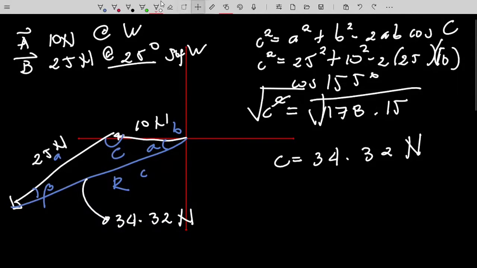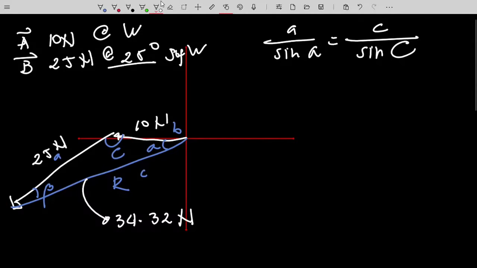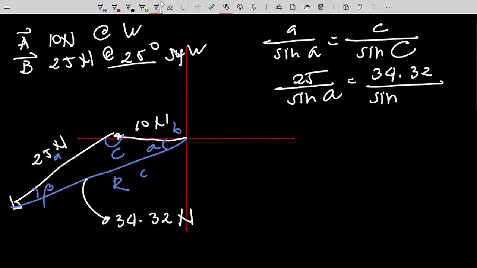Now again, we have the formula of law of cosine or law of sine. So let's use the formula of law of sine. Side A over sine angle alpha is equal to side B over sine angle C. Now let's rewrite the given values. The value of A is 25 over sine alpha, because this is what we are looking for, and the value of C is 34.32 over sine angle C, which is again 155 degrees.